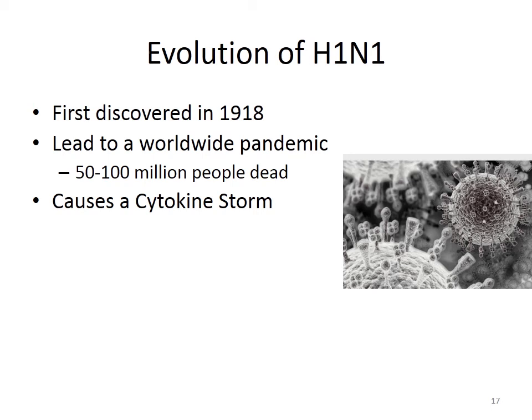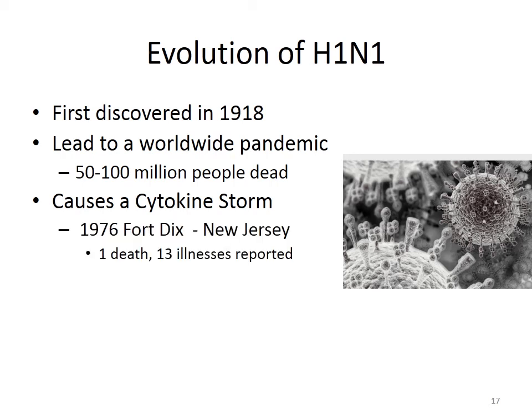This can be caused by an exaggerated response by the body when the immune system encounters a new and highly pathogenic invader. In 1976, H1N1 started coming back and was reported in Fort Dix in New Jersey, where 1 person died and 13 people got sick. In 1977, 1978, this was called the Russian flu, and was an epidemic in that area at that time.